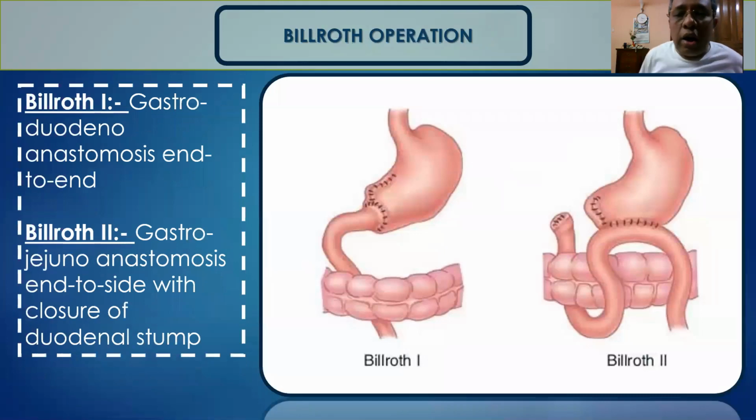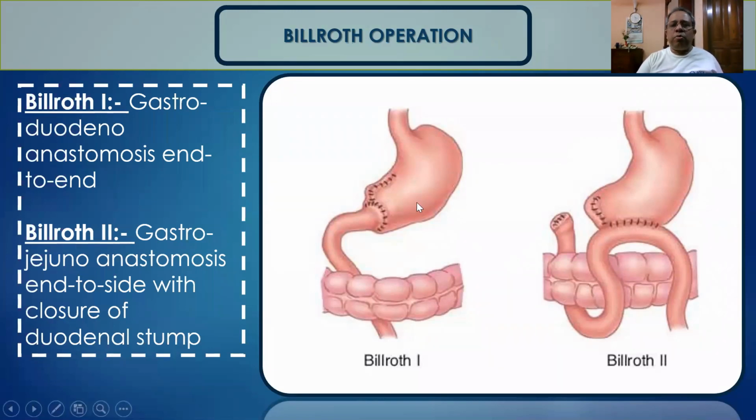So Billroth surgery has two types, one is type 1, another one is type 2. The type 1 is where you divide the antrum and the proximal and distal parts are anastomosed to each other. So it is called the Billroth 1. It means gastroduodenostomy.